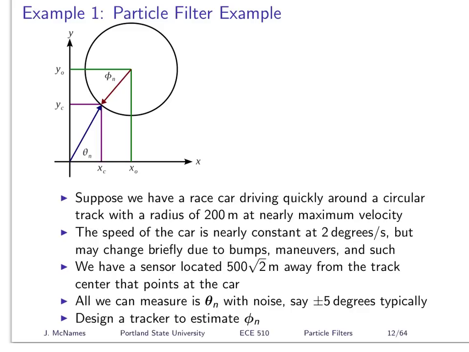I know my car is going around it, and I could have expressed it in units of meters per second or miles per hour, but for our convenience, I put it in units of degrees per second. It's not going very fast, it's going at 2 degrees per second. It takes a while to get around the track. And I specified the distance from the sensor to the center of the track. So the geometry of this problem is essentially known.